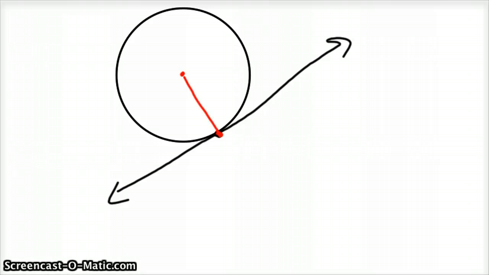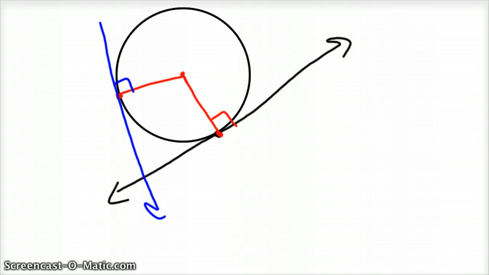Here's my radius. A tangent is always 90 degrees with a radius, no matter what. Radius of the circle that connects at the tangent point. So if I drew another radius here and drew a tangent to that point, it would form a 90-degree angle. And so that's kind of a neat little property of that.